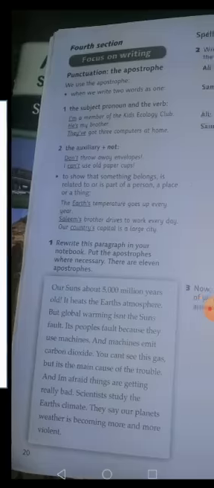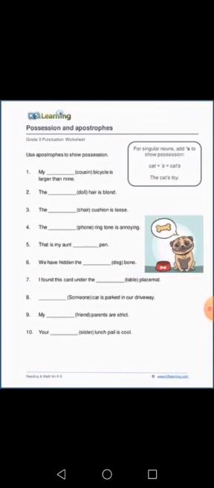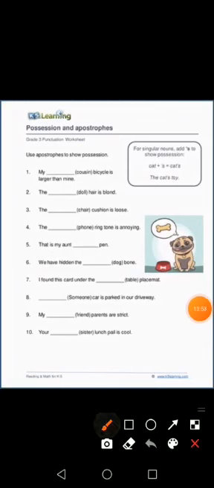So here we have examples of the apostrophe. Okay, use the apostrophe to show possession. Here you have to use the apostrophe. Look, my cousin's bicycle is larger than mine. Okay, my cousin's.